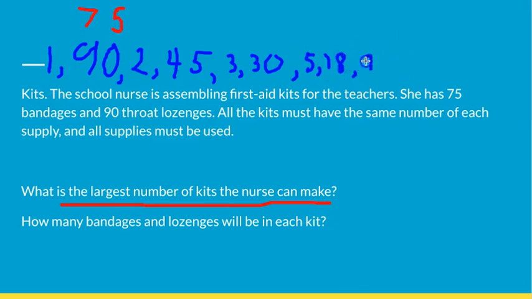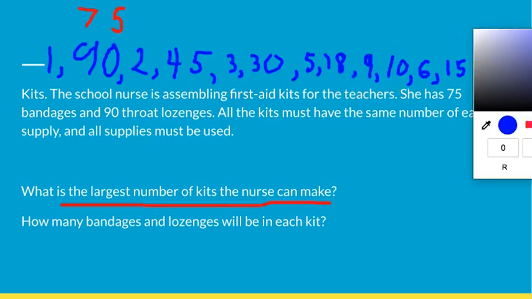Can do 9 and 10. I think that's all of them. Yep, I think I missed one. Can't 6 go into it? Oh yeah, 6 and 15. Let's see, what else? 7, no. 8, no, not equally. 9, we got 10. Okay, and then everything starts repeating.